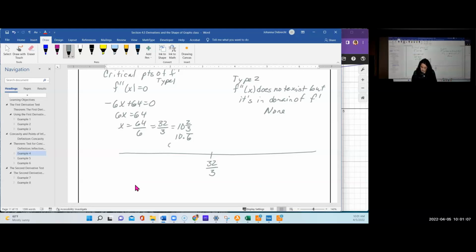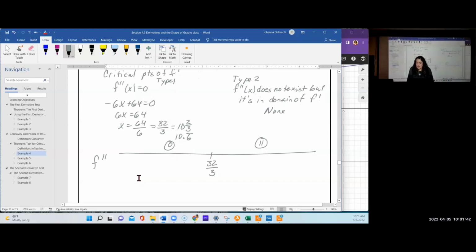So I'm going to pick 0 since 0 is to the left of that, and 0 is always one of the easiest numbers to plug in. And then 11 would probably be the next number out, which is 33/3. Now I need to know about the sign of the second derivative, not the function. So when I'm looking at the sign of the second derivative here, is it positive or negative?